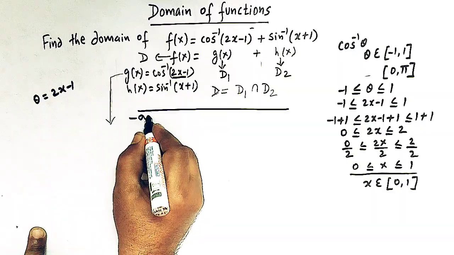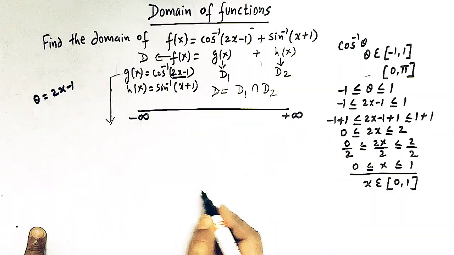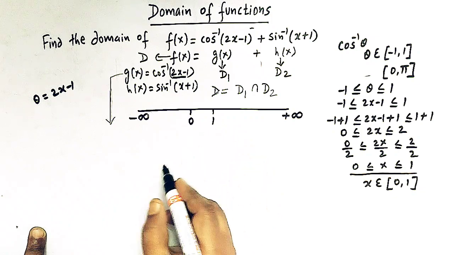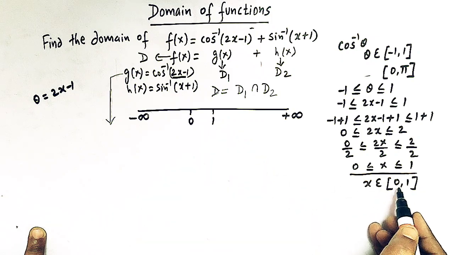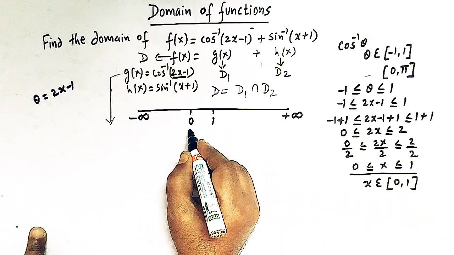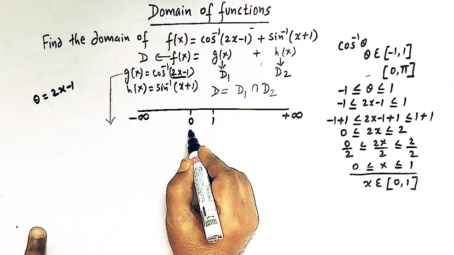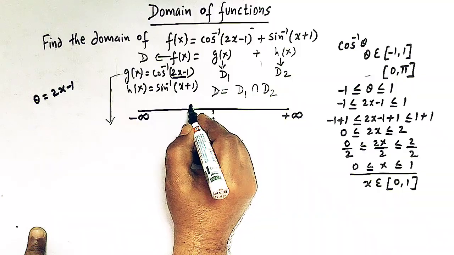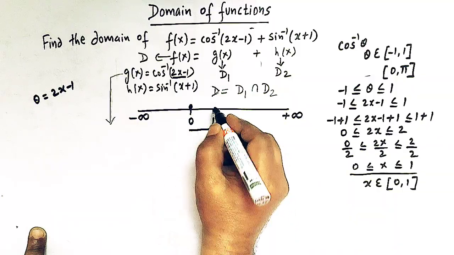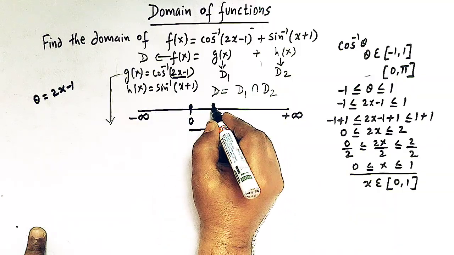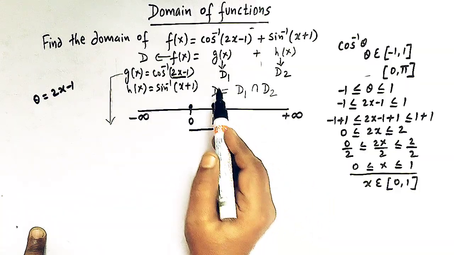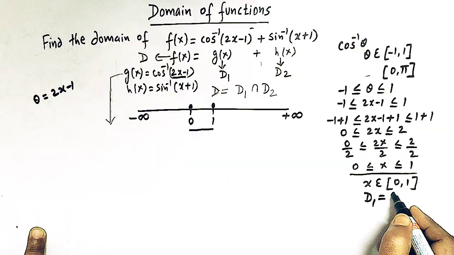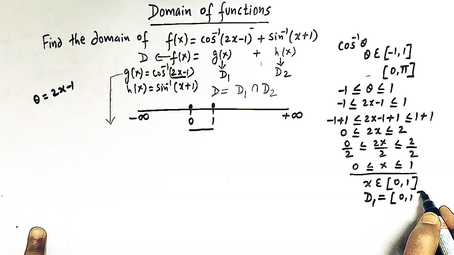Here we have minus infinity, here we have plus infinity, here we have 0, and here we have 1, right? So x belonging to this interval 0 to 1 may be represented like this. And remember, both these endpoints 0 and 1 are included, right? So the domain d1 is given by this interval, that is 0 to 1.